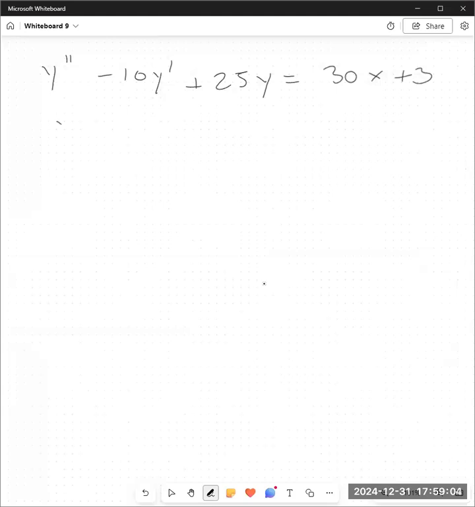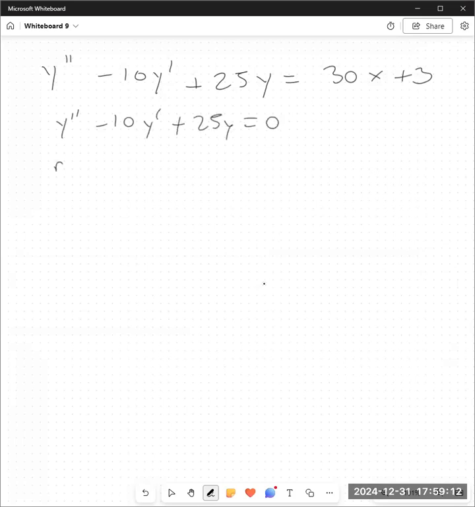First things first, let's look at what happens with just this homogeneous piece, and we'll set up the auxiliary equation for that. And that has a repeated root.